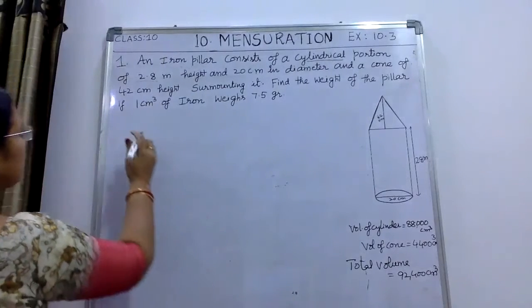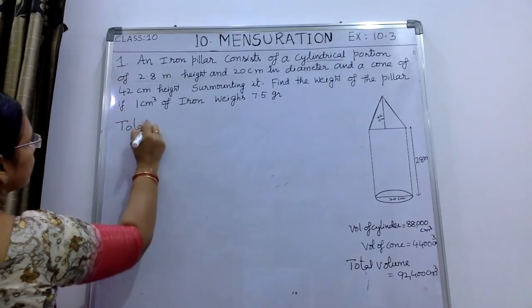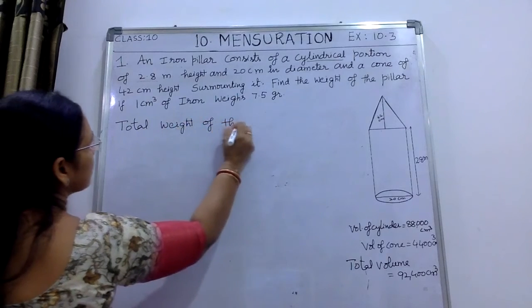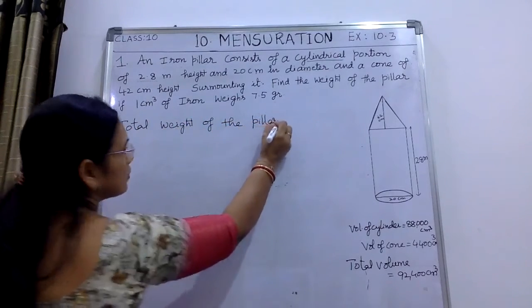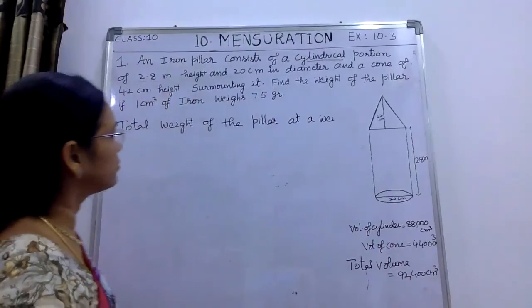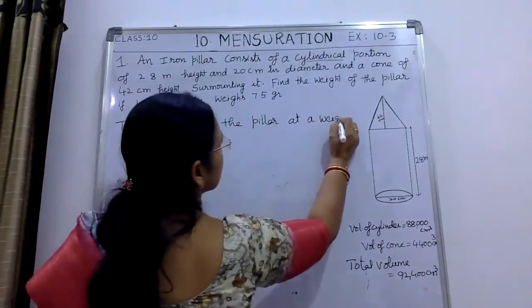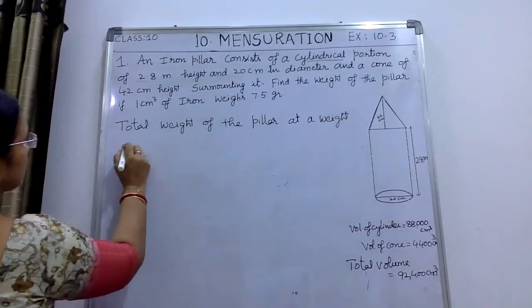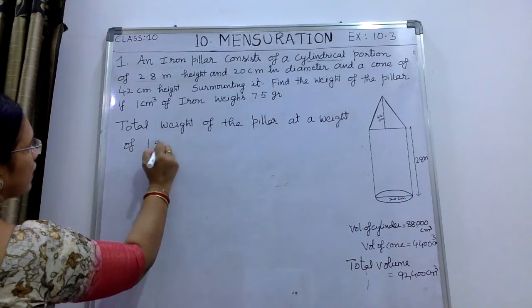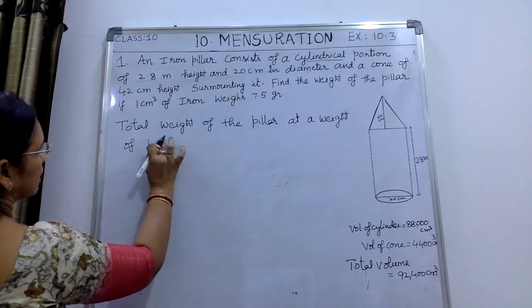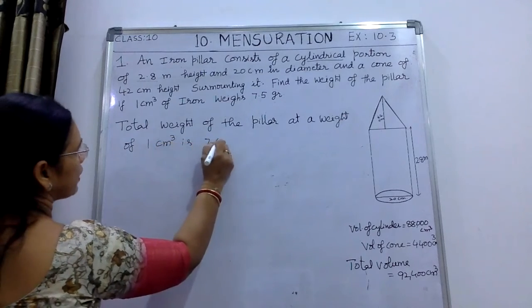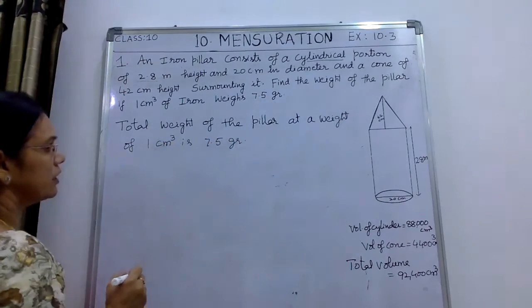Total weight of the pillar. The weight of 1 centimeter cube is 7.5 grams.